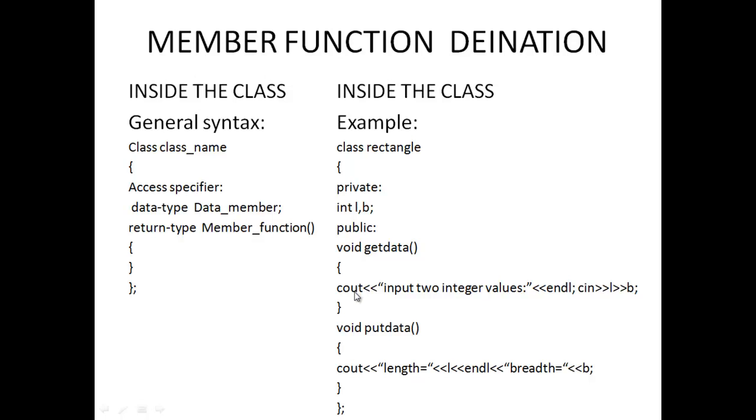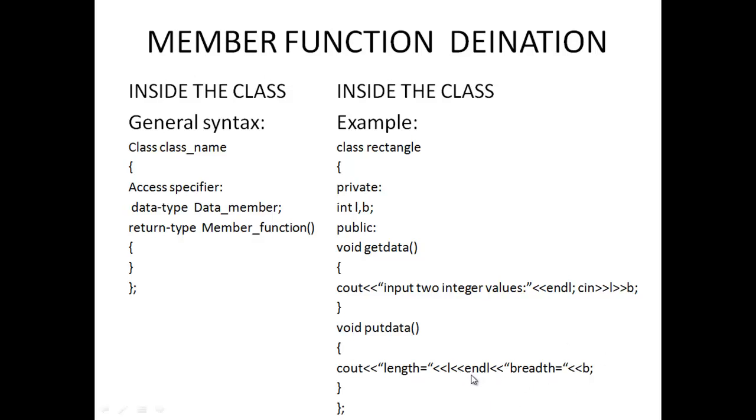Here again we define the output function. The name of the function is putdata, and this function is used to display the result. So here again I write cout, then the insertion operator, and within double quotation marks length equals, again the insertion operator, the value of the first data member, and then endl.